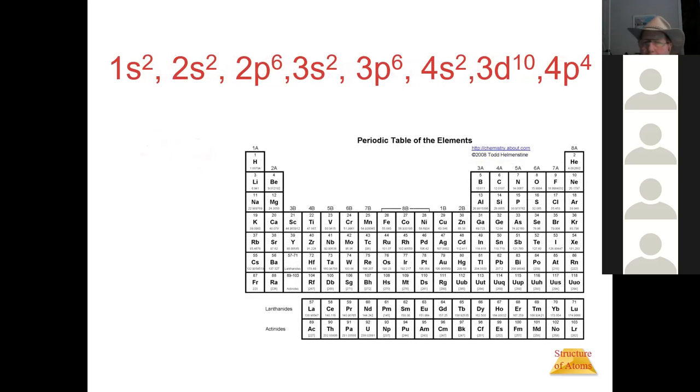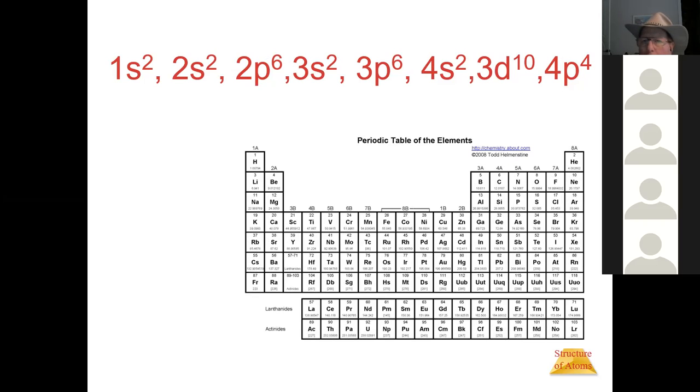So the last full shell is 3d10, that's zinc. So I know it's got to be on the right, by 4.